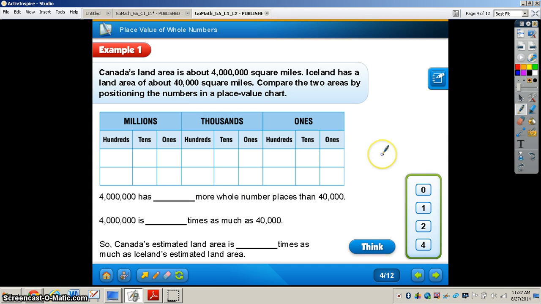Okay, I want you to move over to page 10 with me, and we have the numbers 4,000,000 and 40,000. The first thing we want to do is write these in the place value chart. We can really see the value of each number. So 4,000,000 first of all, and then 40,000.